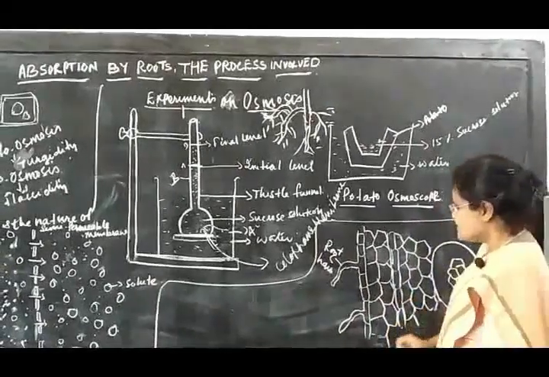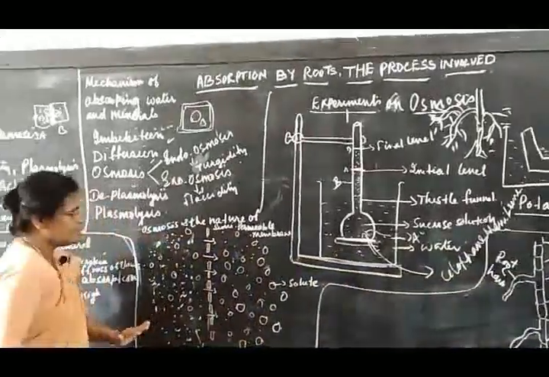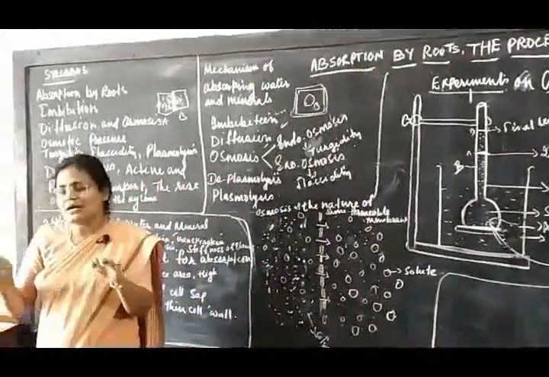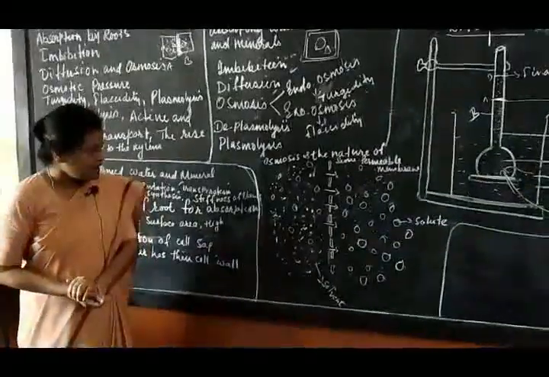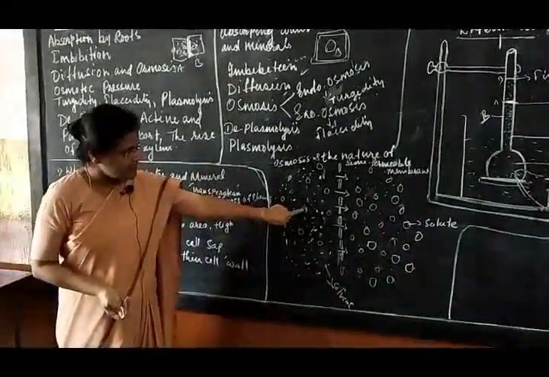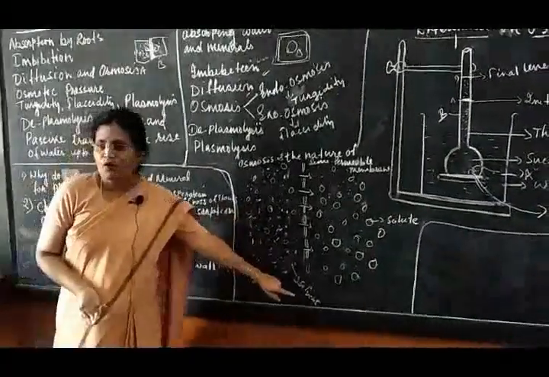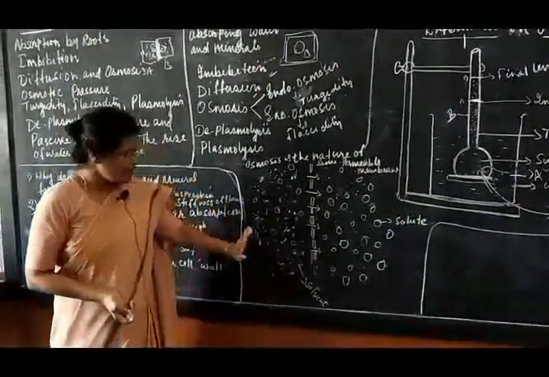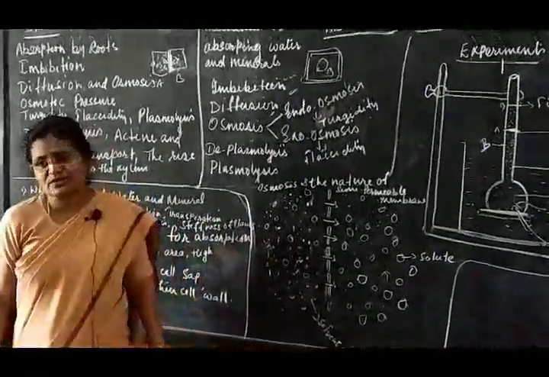Next, we have another good experiment which will clearly make you understand how osmosis is taking place. Now look here, I have a big circle and a small dotted appearance. The dotted appearance refers to water or solvent, and the big circle refers to your solute.